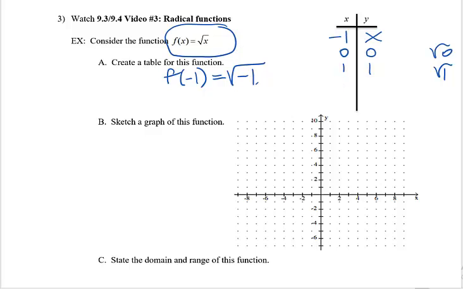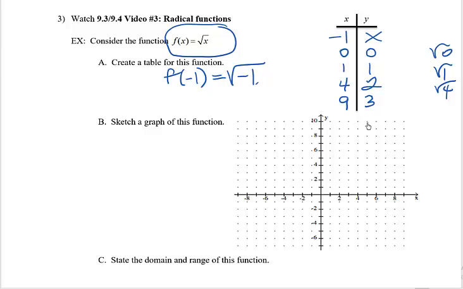What would be the next nice x I could use? I guess it would be 4, because the square root of 4 has a nice answer, namely 2. And then after that, it would be 9, because the square root of 9 has a nice answer. So just a quick table there. And obviously, I could fill in other values using a calculator.